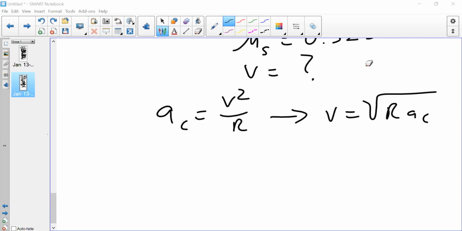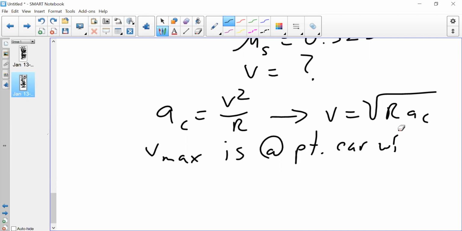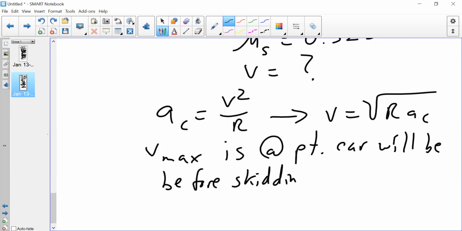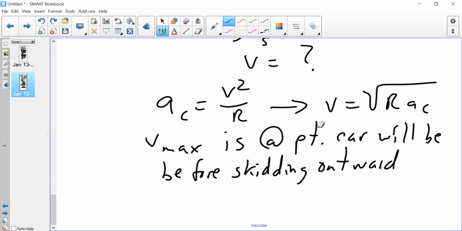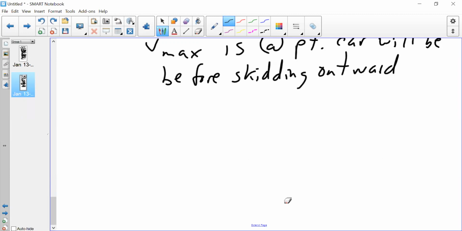Yeah. So maximum velocity at maximum radius is at this point, and the car will be skidding outward, et cetera, et cetera. And we did the proof. So at that point, we know that the centripetal force is going to be equal to the friction force. Can we prove that?